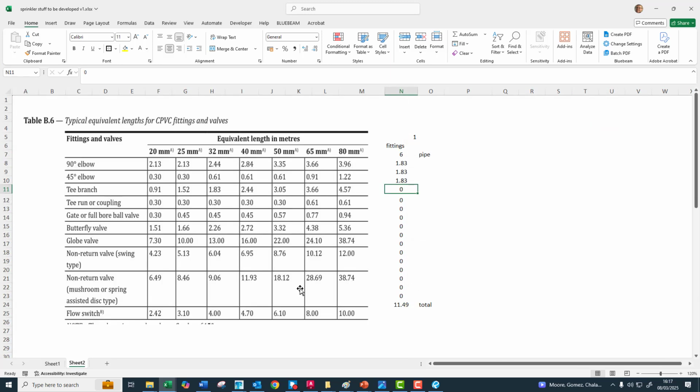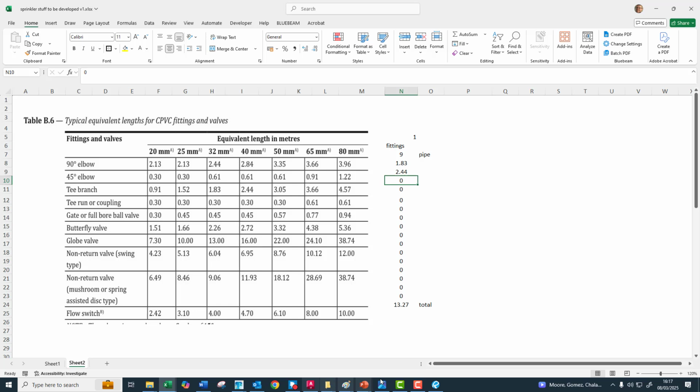One T, 1 elbow, 9 meters. 1 T, already in there. 32 elbow, 2.44. 13.2, 13.5.